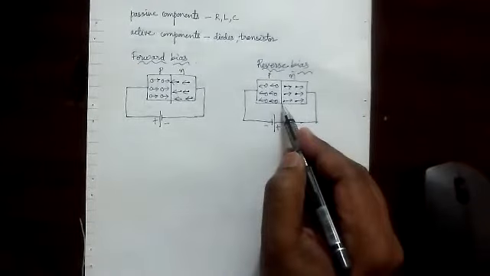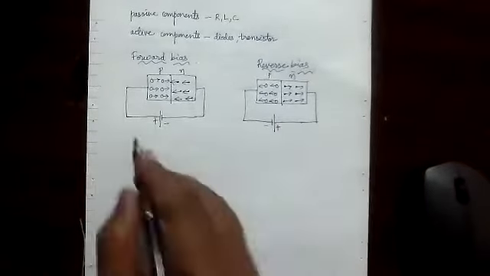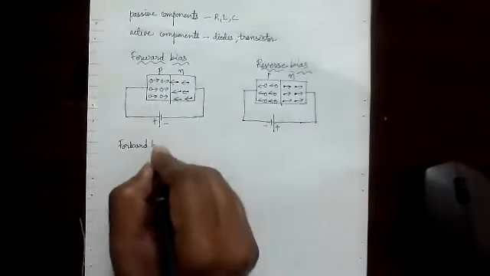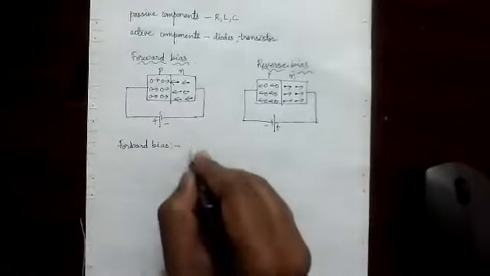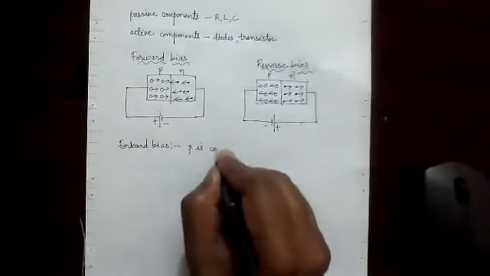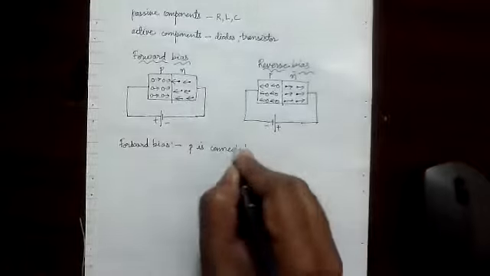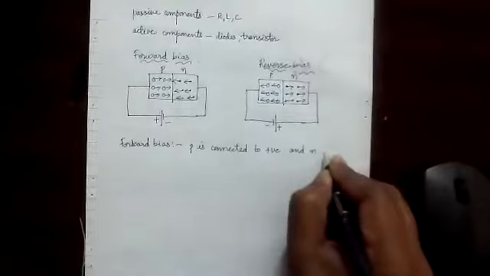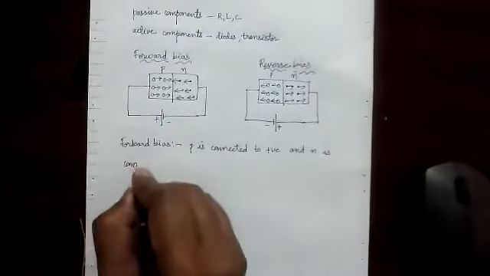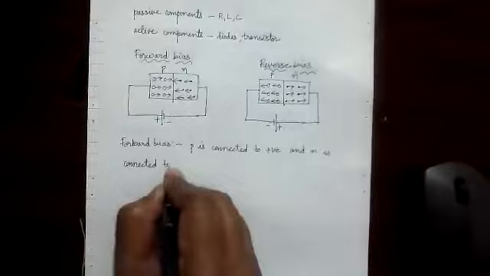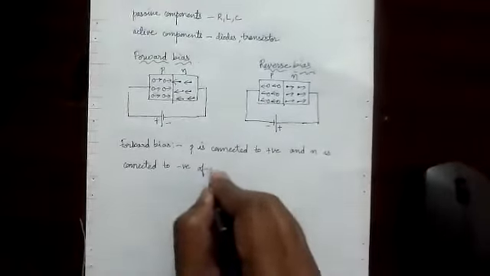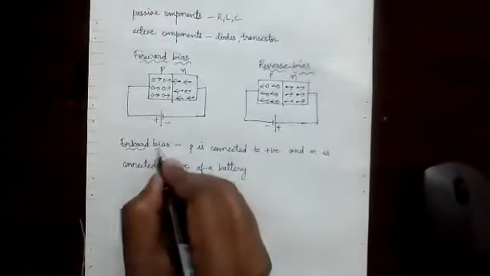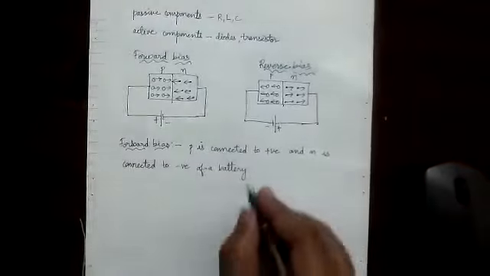So here I'll write: in forward bias, what is happening? In forward bias, P is connected to positive, and N is connected to negative of a battery.